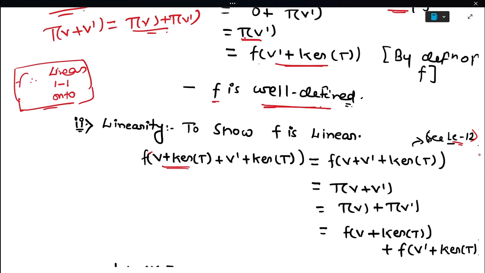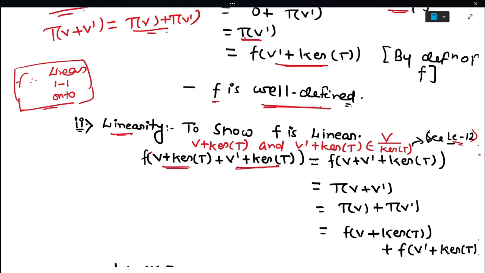Okay, so we will prove the linearity of f. Take two elements v plus kernel of T and v' plus kernel of T, and both elements are in V by kernel of T. We need to show f of (v plus kernel of T) plus (v' plus kernel of T) equals f of v plus kernel of T plus f of v' plus kernel of T. Then f will be linear.